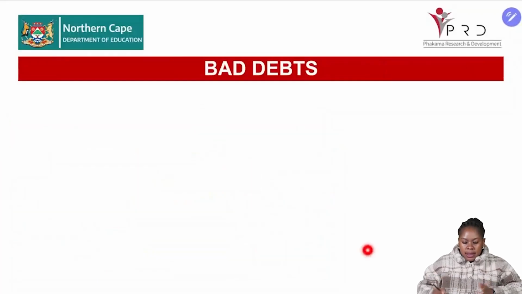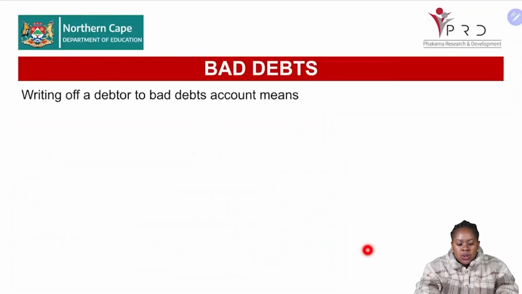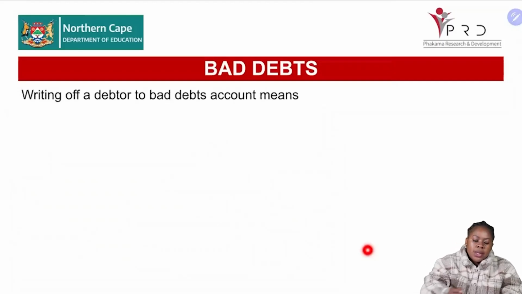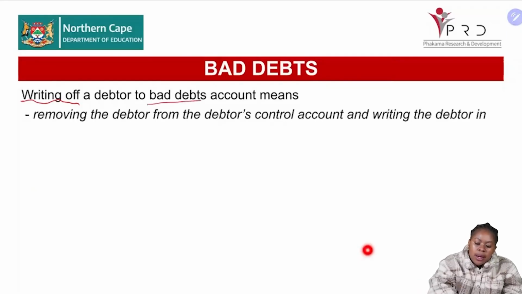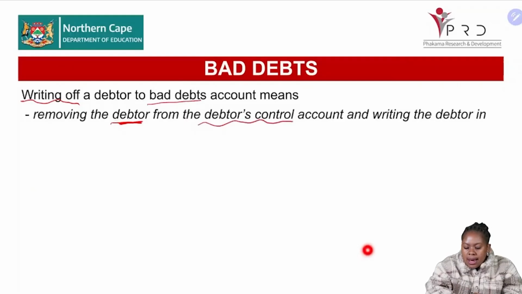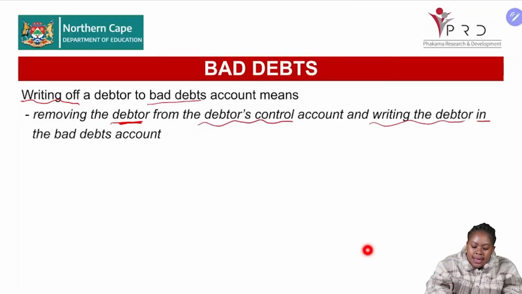Okay, then let us quickly talk about bad debts. We've already covered bad debts generally. We said that we're writing off a debtor to bad debts. And that means that we need to account in this. We are removing the debtor from the debtors control account and writing the debtor in our bad debts account.